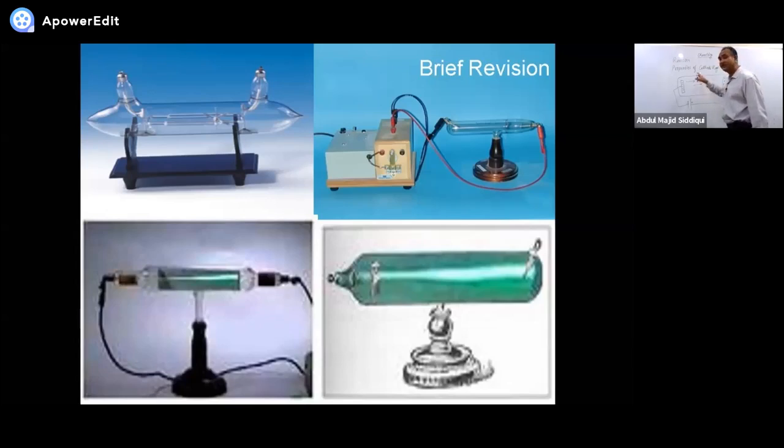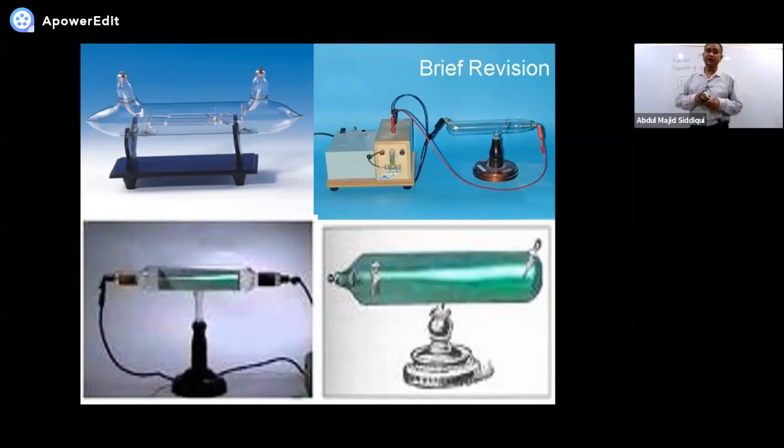It means they themselves are negatively charged. These rays are negatively charged. So what is the second point? These rays are negatively charged because they are moving towards the positive plate, the anode. They are being attracted towards it. They are trying to go over there.